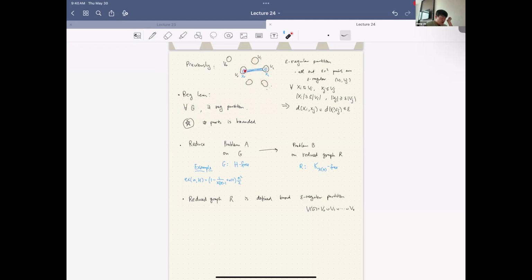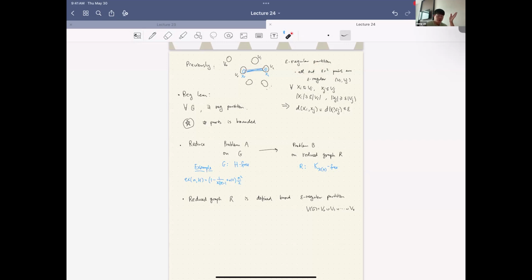Now, we can also forget about the pairs that are irregular. There are not so many of them: epsilon r squared, negligible. So we don't care about irregular pairs. We also don't care about sparse pairs. If they are very sparse, there are not so many edges between them. It could be completely empty between some Vi, Vj.